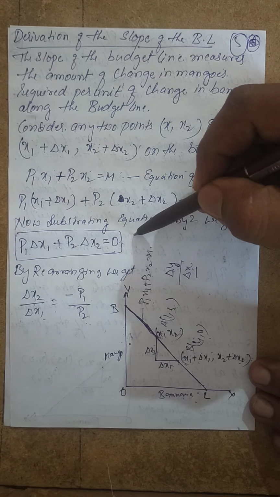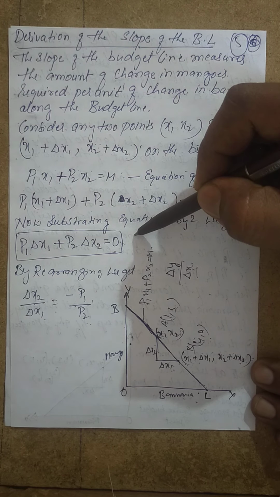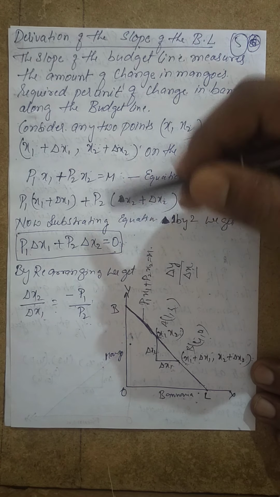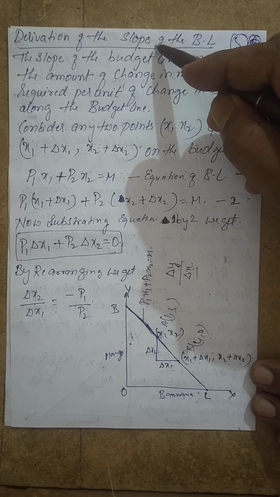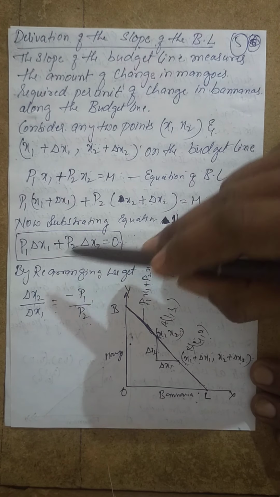So now a new equation came. This equation has to be converted towards the slope, okay. How do we do it? By rearranging.